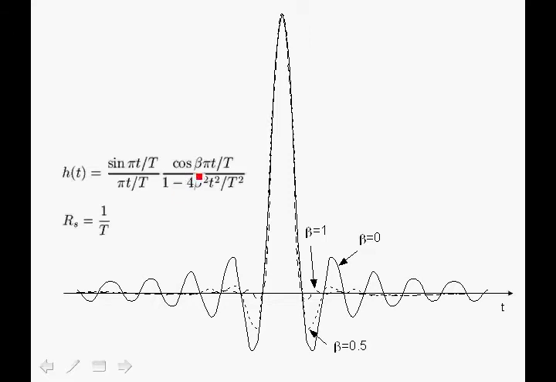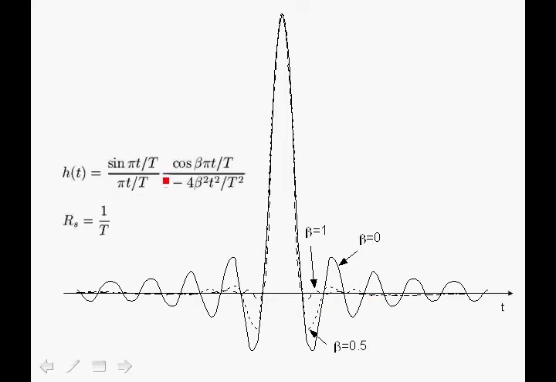For all cases of beta, notice that we have 0 crossings at time intervals T seconds apart. So when t is a multiple of capital T, then we get 0 for the impulse response. That's shown over here for the case of the sinc function, which is beta equals 0. We have the sinc function, and we have 0 crossings T seconds apart.